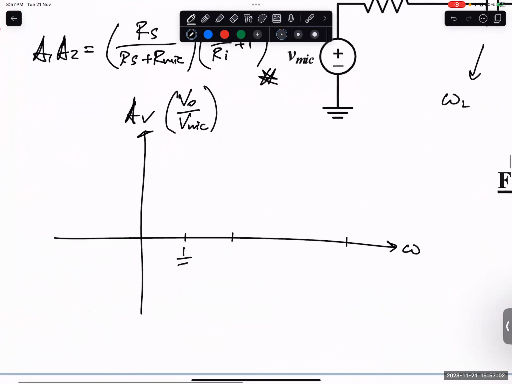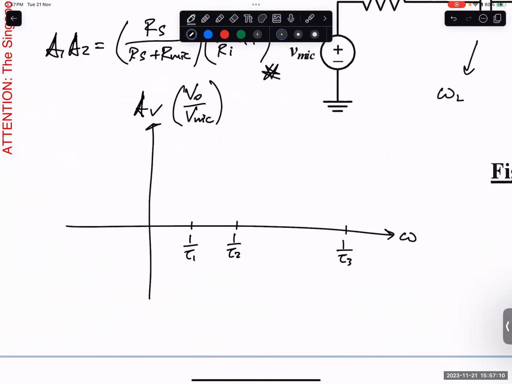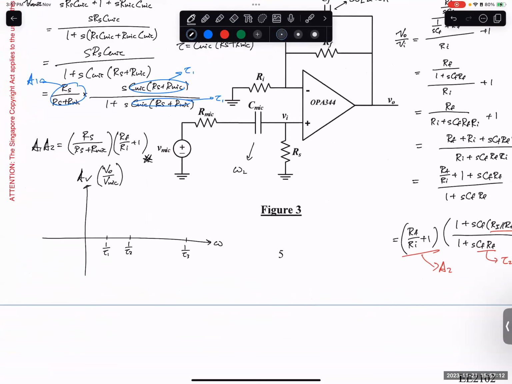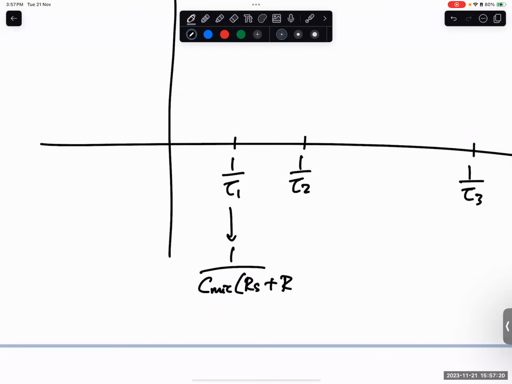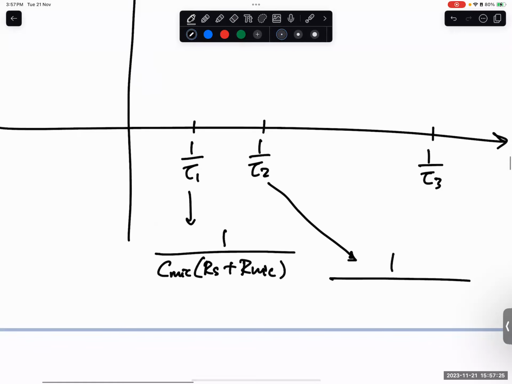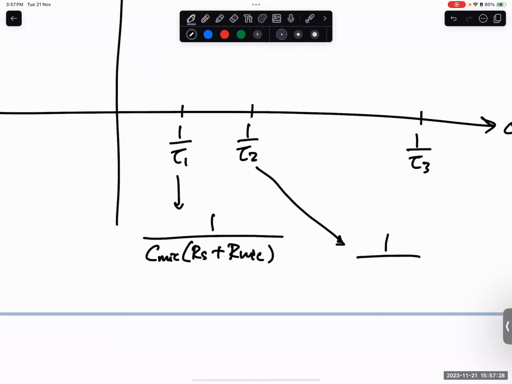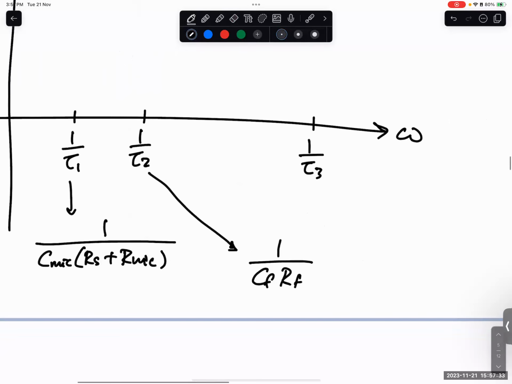So this is 1 over tau 1, 1 over tau 2, 1 over tau 3. Tau 1 is 1 over Cmic times RS plus Rmic. Tau 2 is 1 over CF RF. This one is 1 over CF times RF parallel RI.